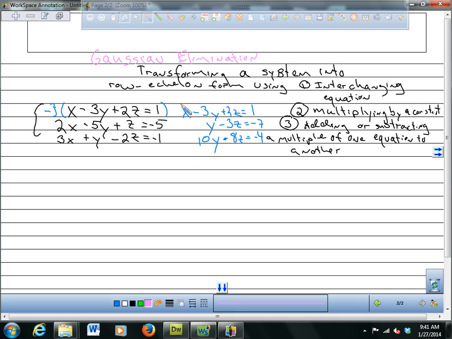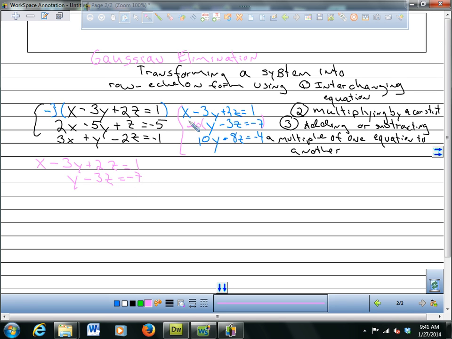So here's my new system, which is equivalent to that last system, and I'm going to multiply this one by negative 10 to make the y's go away from those two equations. I'm going to leave that same one, x minus 3y plus 2z equals 1, and I'm going to leave this one as y minus 3z equals negative 7.